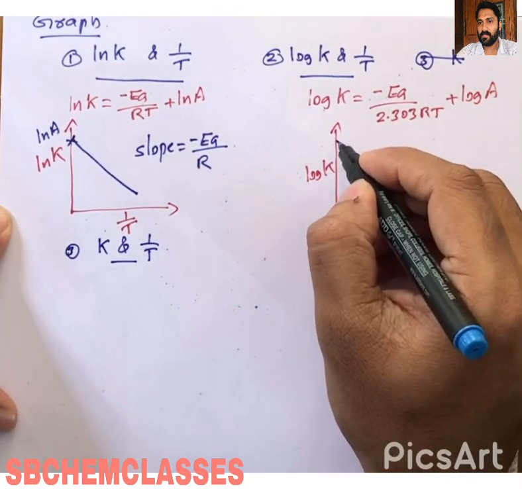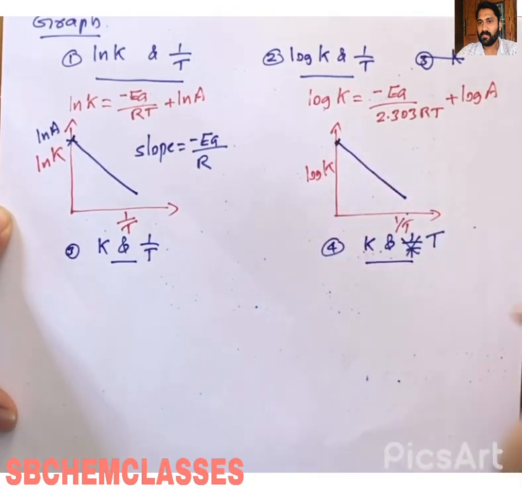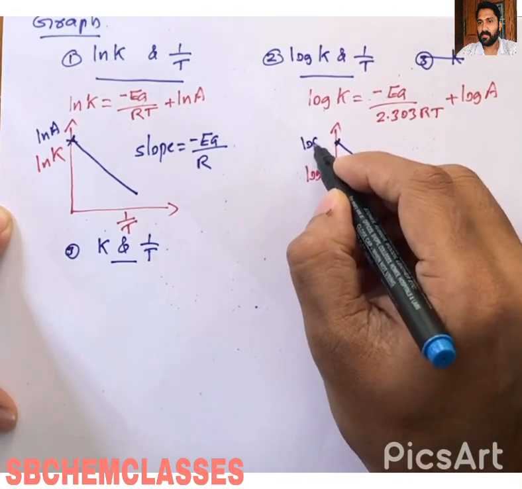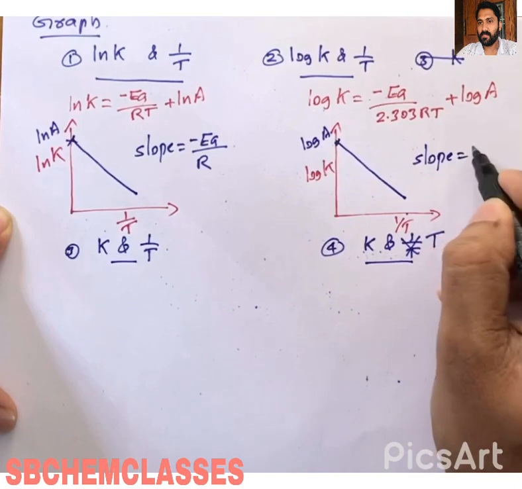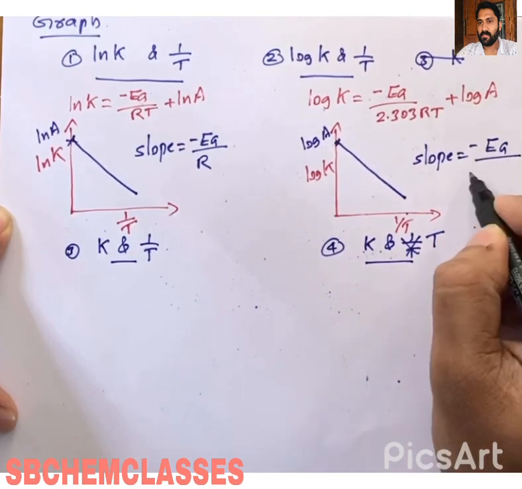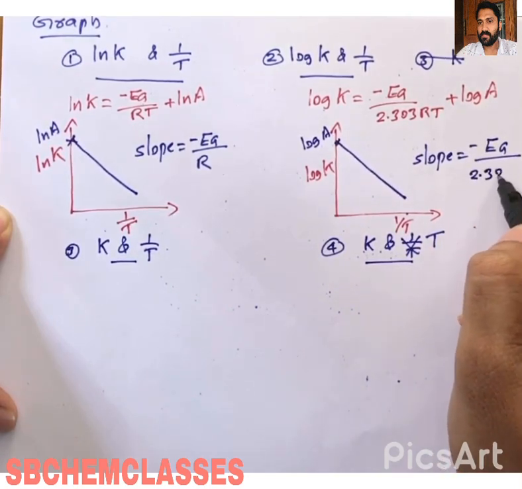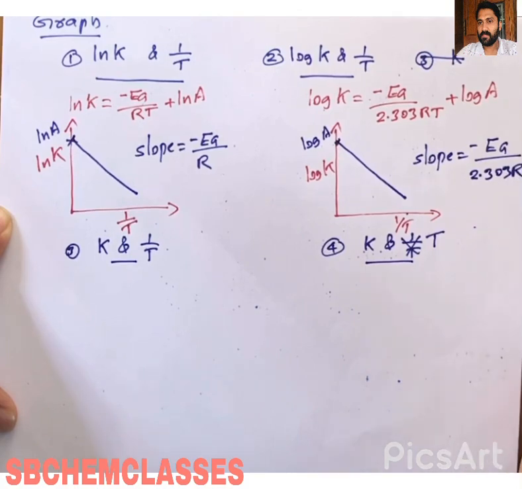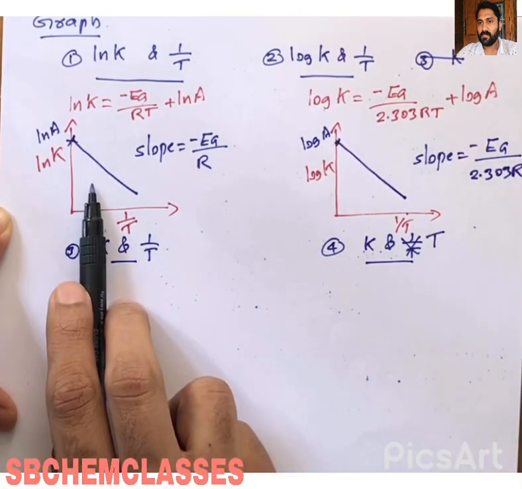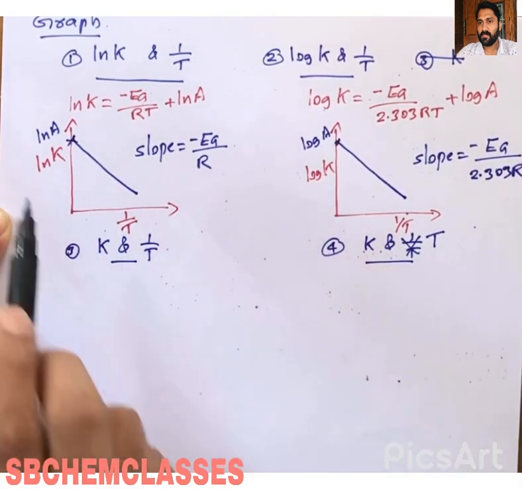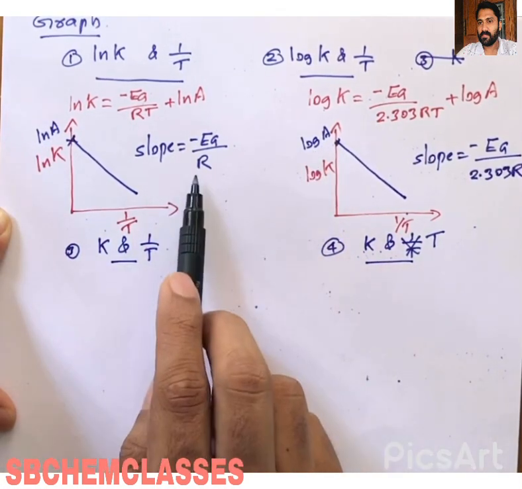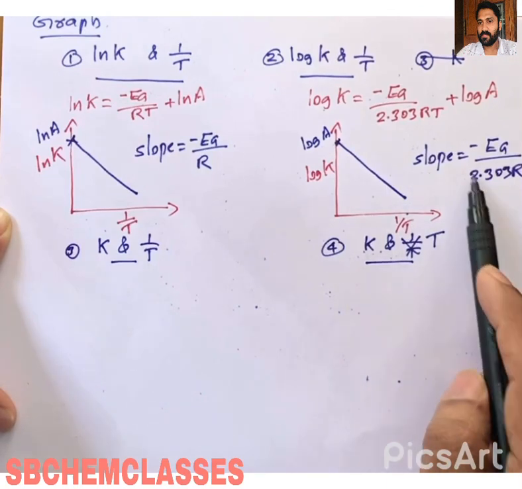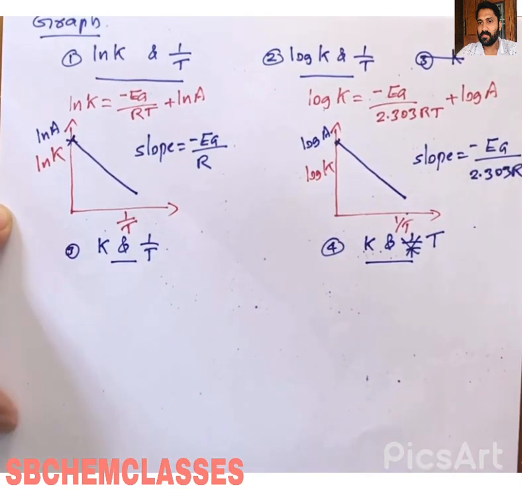But the y-intercept is log A and slope is minus Ea by 2.303 R. So, the pattern of the graph is the same, but the y-intercept is natural log A here, and common log A there. Slope is minus Ea by R, and here slope is minus Ea by 2.303 R.